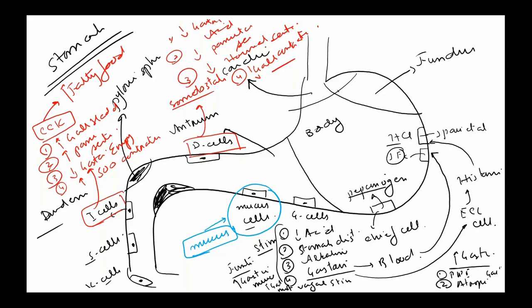Next is S cells. S cells secrete secretin. The main function of the secretin is it acts on the pancreas, which increase bicarb secretion. That's the main function of the secretin.